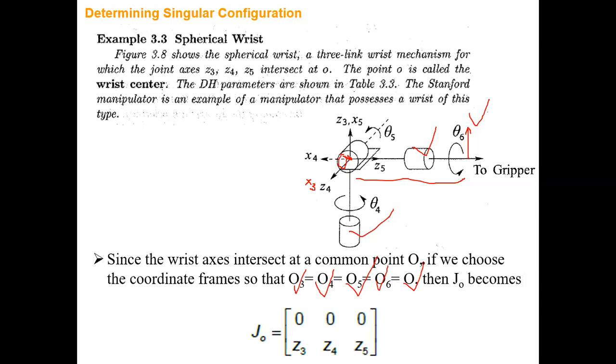I want all the origins to coincide. I want to put all the coordinate systems at the same point, because I think that will make my calculation easier. If I do that, what does this become?